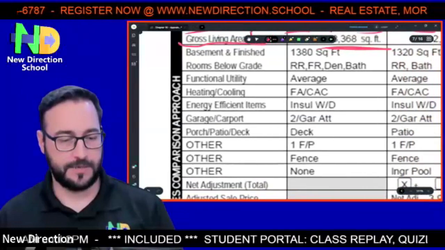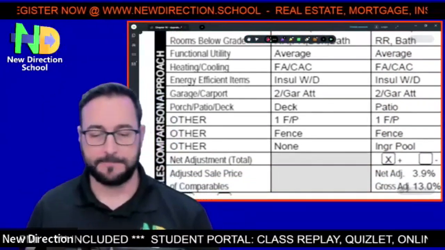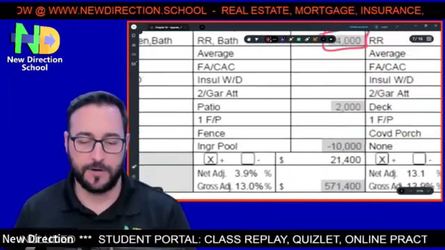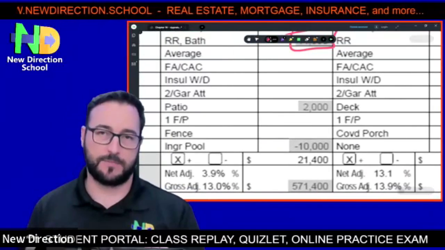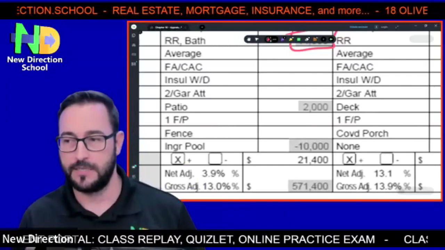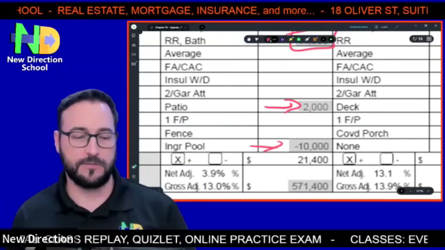Functional utility, heating and cooling if he has, if he doesn't have. Again, I'm not going to teach you how to read this, but I want you to have an idea how it works. We're going to look at these differences. Like I was being asked before the break, there was a 3-bedroom, 1 bath, and the other one had 2, right? We're going to look at these differences and make these minor adjustments based on what it is.